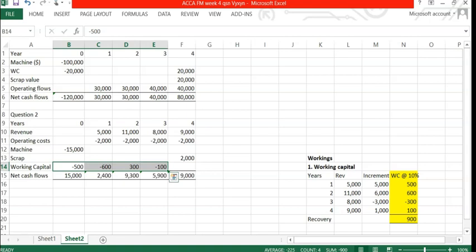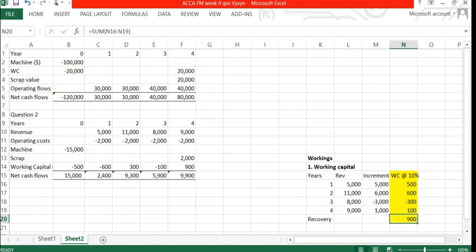Because the working capital is required at the start of the year, this actually means that we also need the recovery that is going to be in year 4 at the end. The recovery, we calculated it here. This is the figure, the recovery of 900. So we need to slot it there.